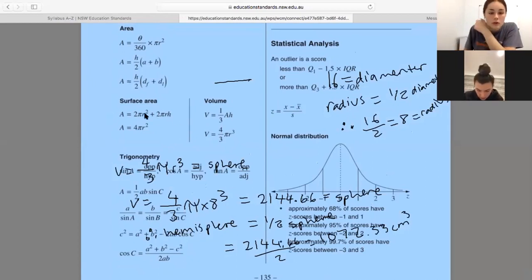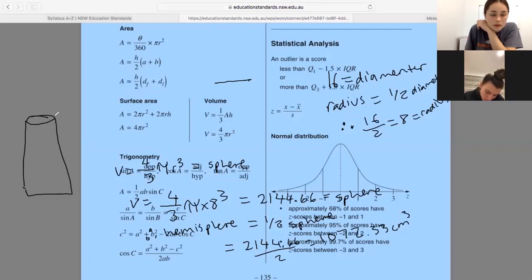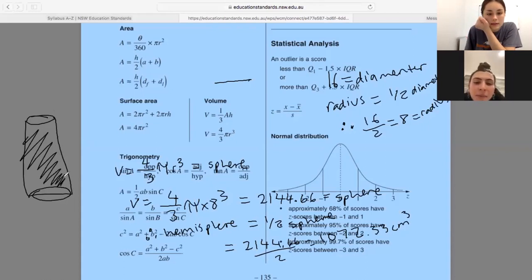Okay. So you know how a cylinder has, that's a really bad drawing of a cylinder. But you know how a cylinder has this surface, and then this surface, the two circle surfaces?